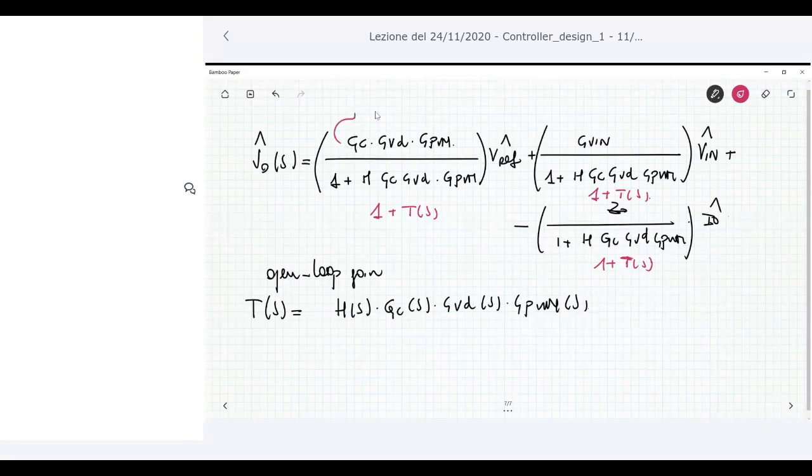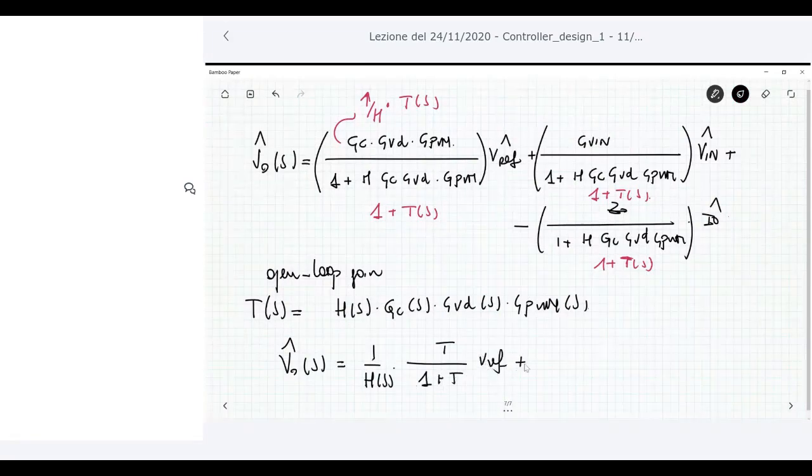The numerator is simply 1 over H multiplied by the gain, so you can rewrite it in this way: Vo is 1 over H times T over 1 plus T times Vref, plus GVin over 1 plus T times Vin, minus zeta 0 over 1 plus T times Io. So this is my description.